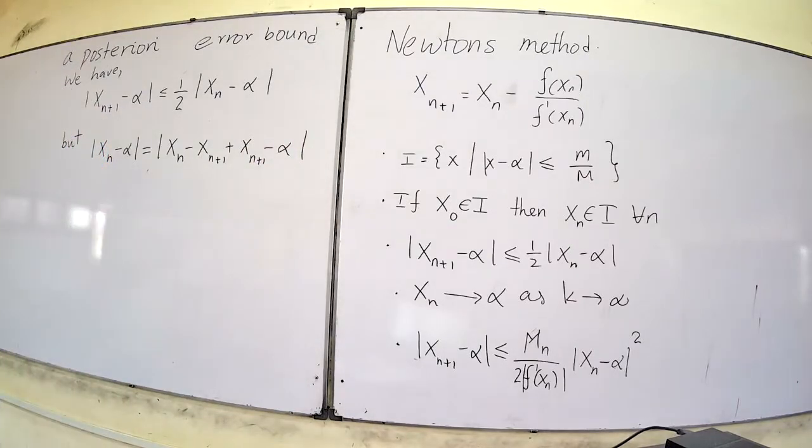But xn minus alpha is the same as xn minus xn plus 1 plus xn plus 1 minus alpha. So you add and subtract an xn plus 1. Then you can apply the triangle inequality.